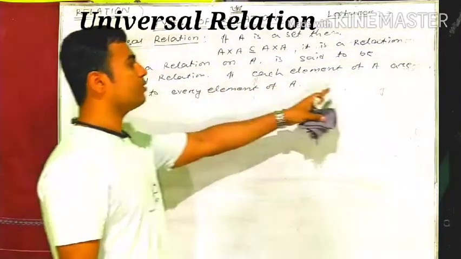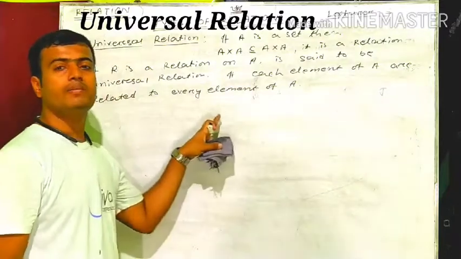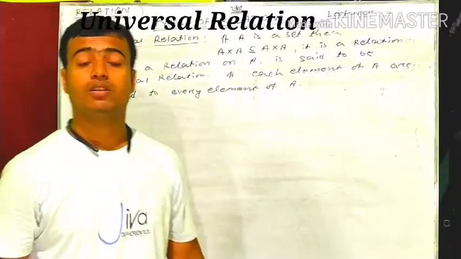If each element of A is related to every element of A, this relation is called universal relation.